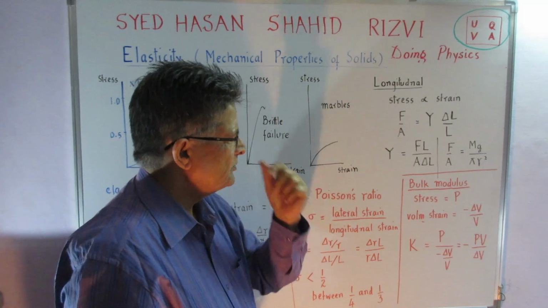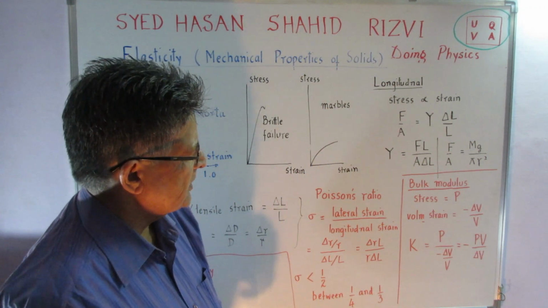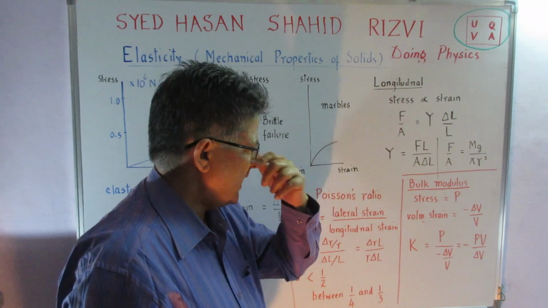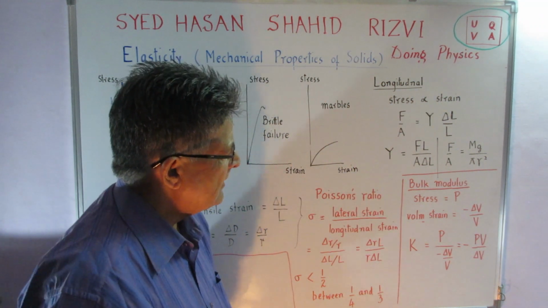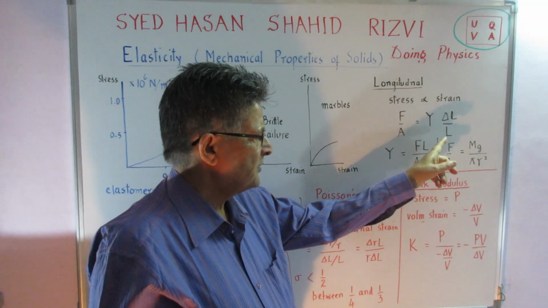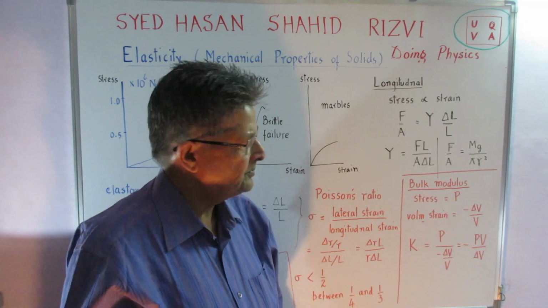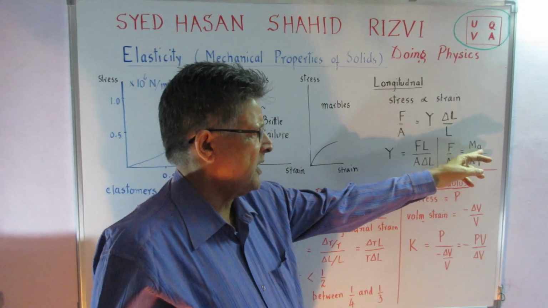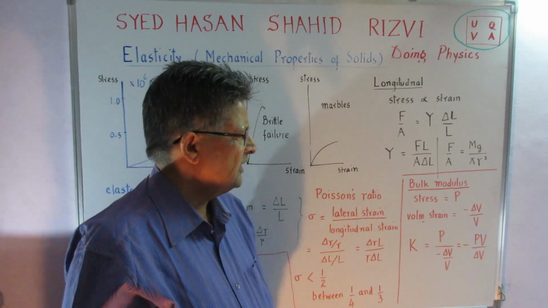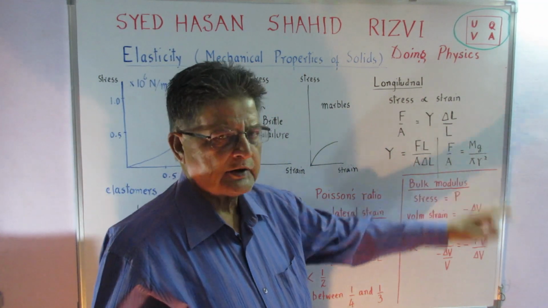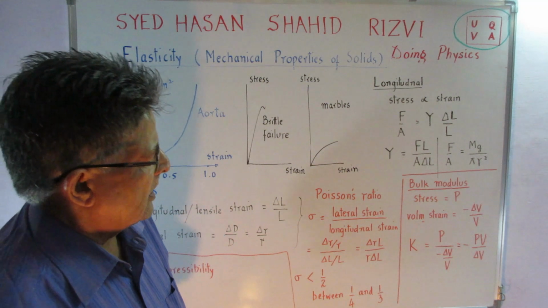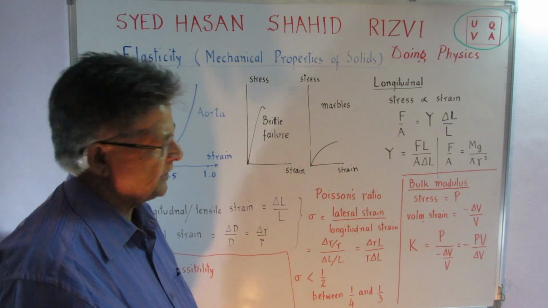So stress, the force F upon the area of cross section, is equal to the constant of proportionality Y, which is the Young's modulus, times delta L upon L. So Y becomes equal to FL upon A delta L. And of course, normally, because the force applied is due to some mass hanging there, that mass m multiplied with g, the gravitational acceleration near the surface of the earth, divided by the area of cross section, which is pi r square, where r is the radius of the wire or the cylinder, with a circular cross section.